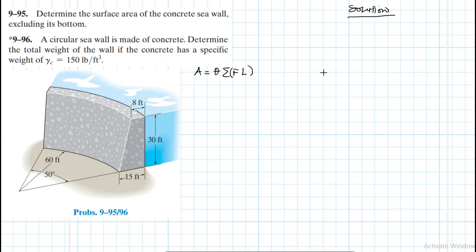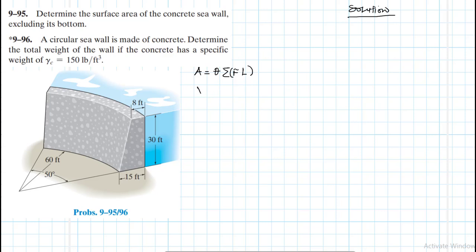This can apply for an object defined by a single curve or a combination of curves, a body defined by composite lines. So we can calculate the total surface area by using this formula.